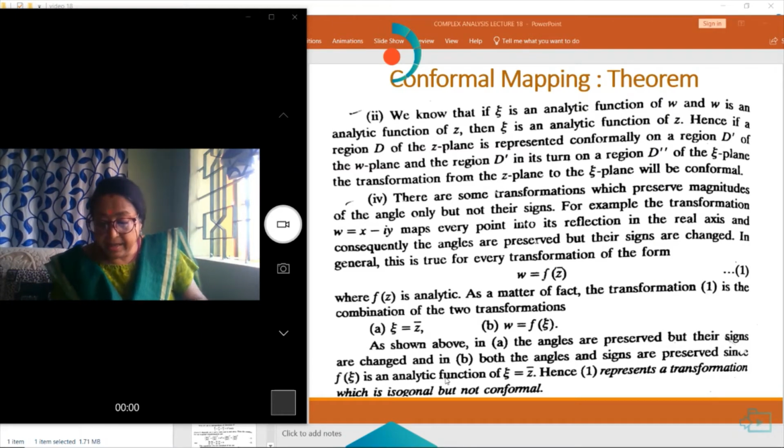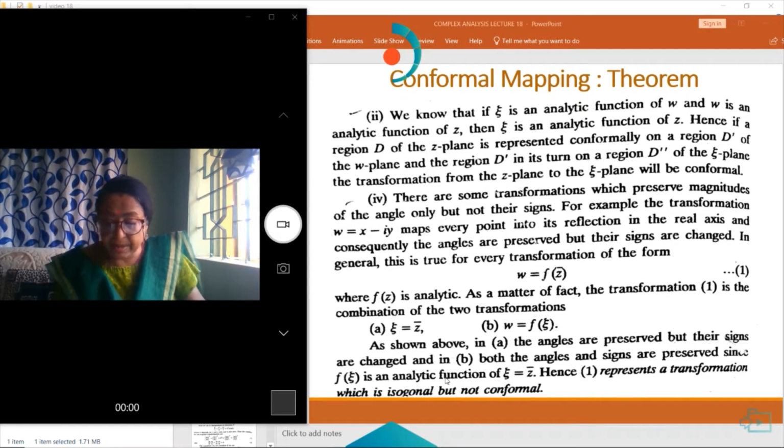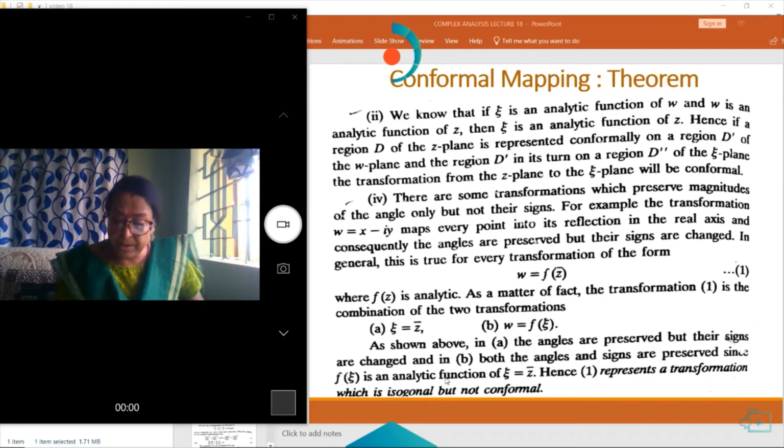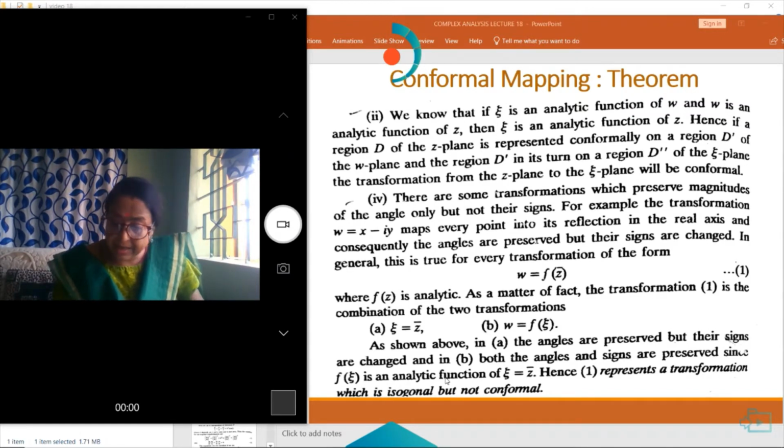Now second, there are some transformations which preserve the magnitude of the angle only but not the sign. Since z bar is equal to x minus iy, if w is equal to x minus iy, it maps every point to its reflection in the real axis, and consequently the angles are preserved but the signs are changed.